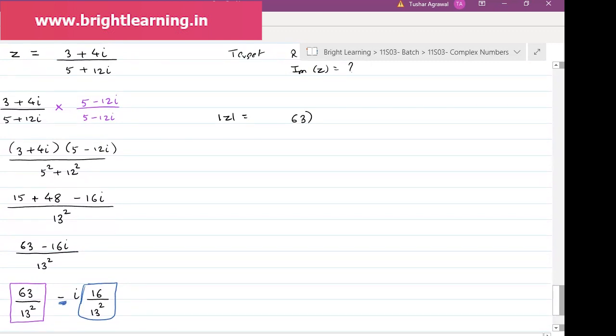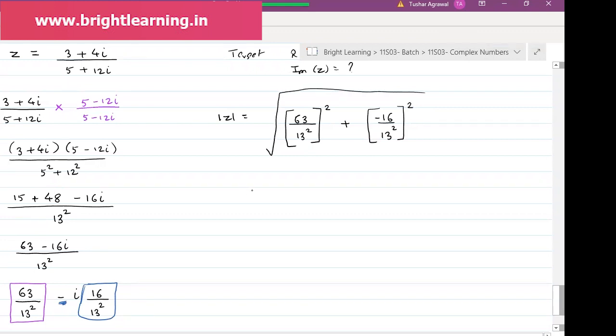I think we are committing some mistake, but let's hope the answer comes out right. 63 upon 13 square is the real part, its square, plus the imaginary part, minus 16 upon 13 square, its square, all under root.